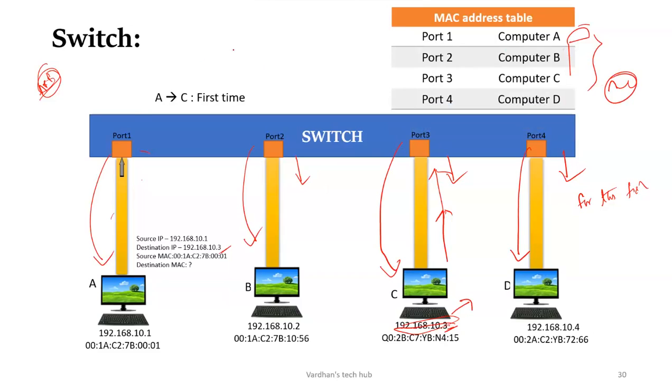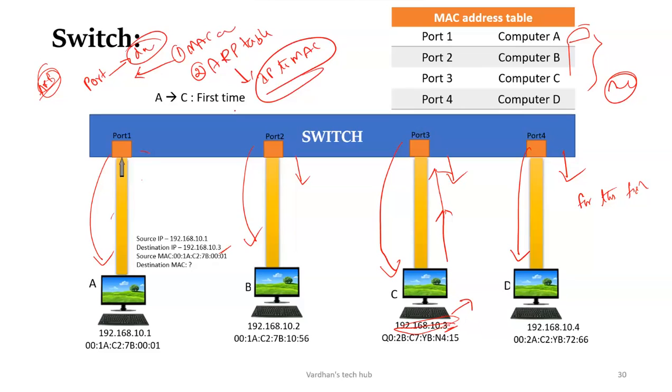So in a switch, what types of tables do we have? One is the MAC address table, and another one is the ARP table. The MAC address table consists of information about which device is connected to which port. The ARP table is the IP to MAC address of the device.